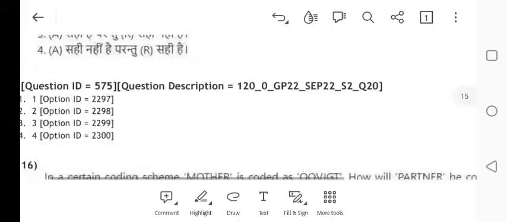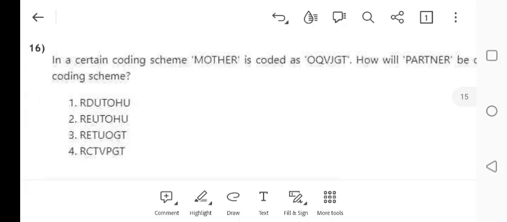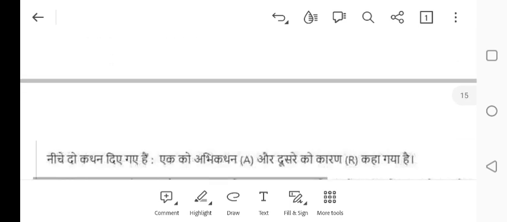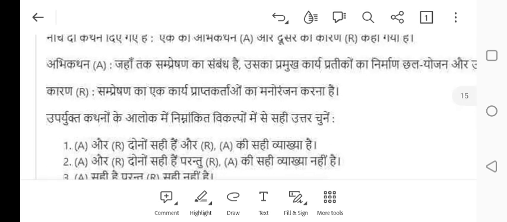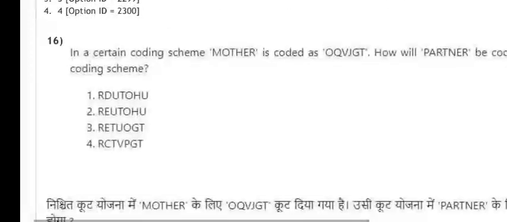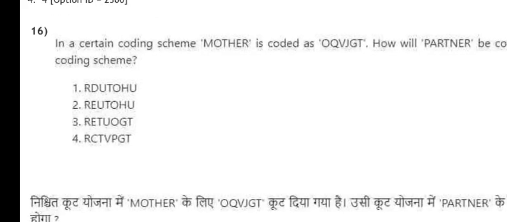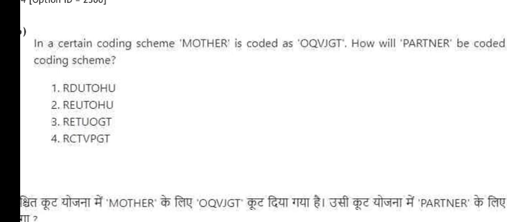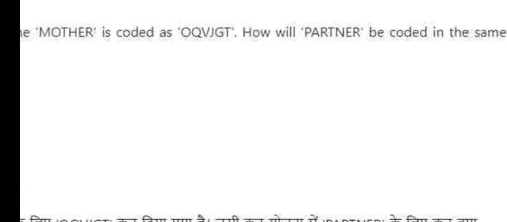Done. Next question says, in a certain coding scheme, MOTHER is coded as OQVJGT. How will PARTNER be coded in the same coding scheme?